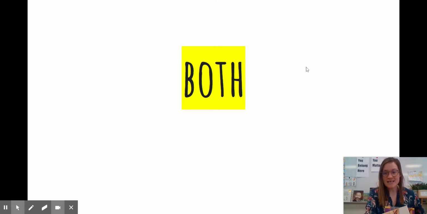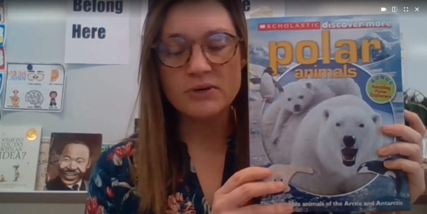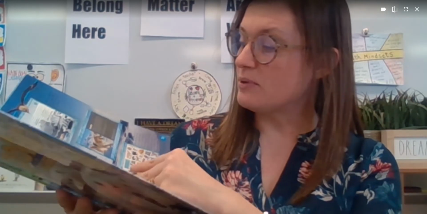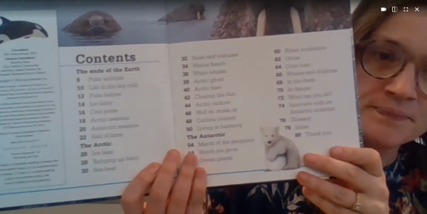Okay, the next thing I'm going to do is I've got a couple of books here and I want to see when I hold them up if you can tell. So this first one here, Polar Animals. We read parts of this book together. This book is all about polar animals, and then it's broken down. You can see in the table of contents that it's broken down into different topics here.